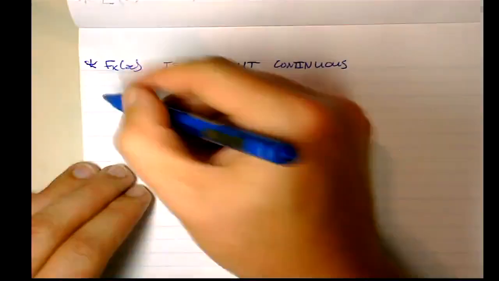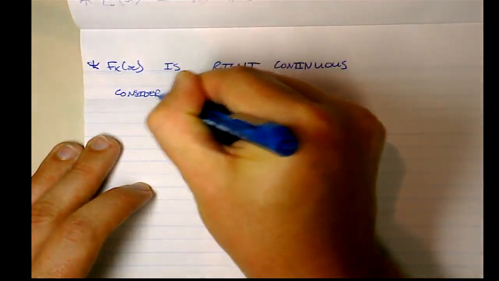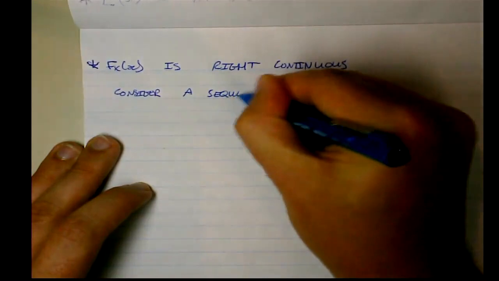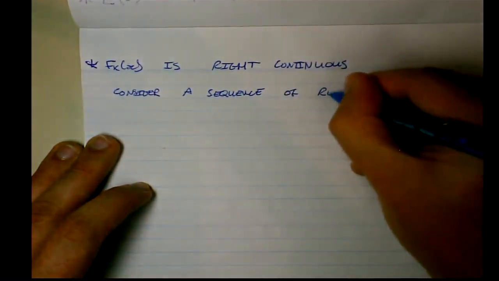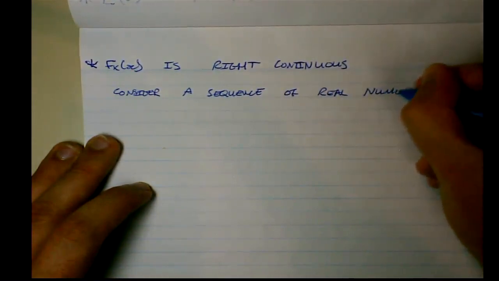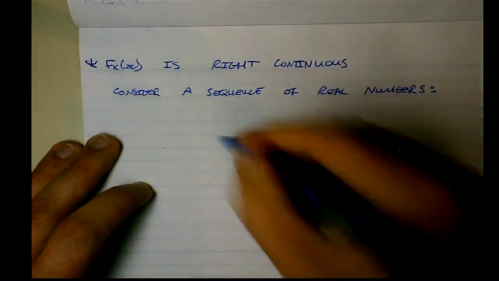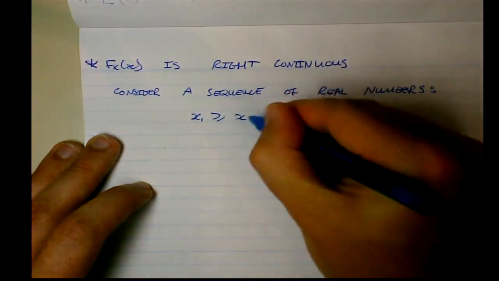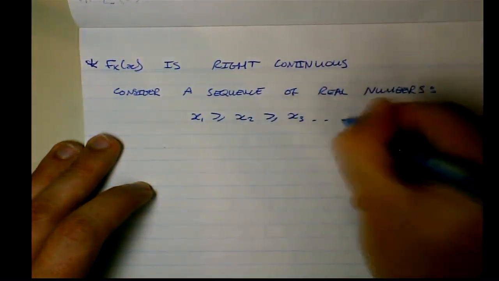Let us consider a sequence of real numbers such that the first one is bigger than the second one, is bigger than the third one, and so on.